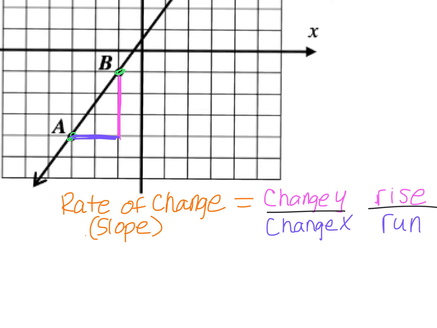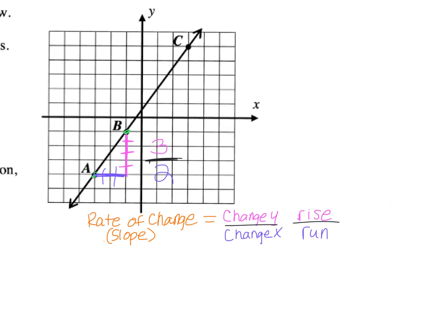What represents the length is counting these boxes. So the height, our change in y, is 3. And our change in x, otherwise known as the run, is 2. So far we have 3 over 2.